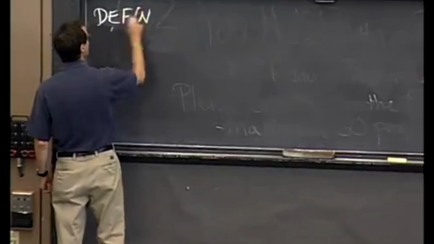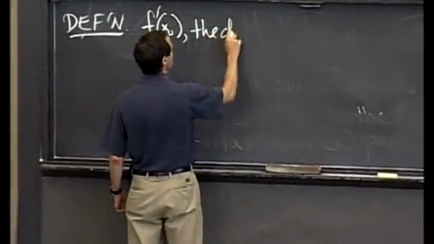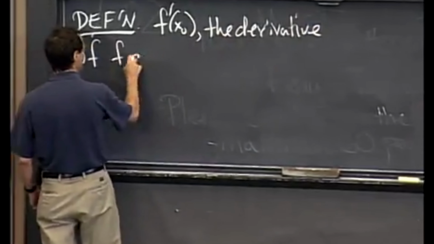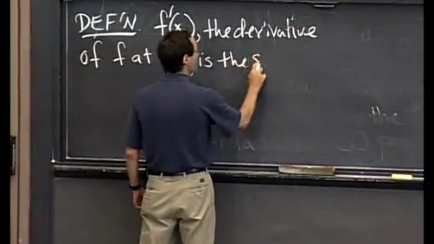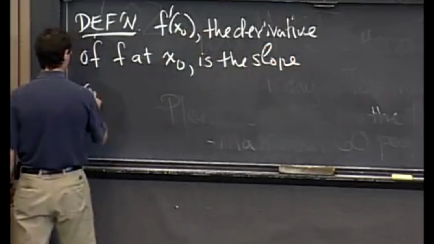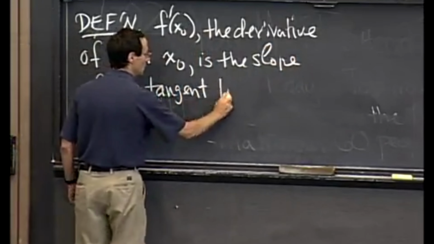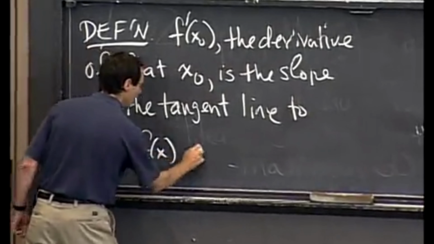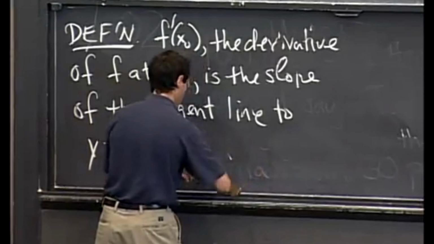So just to make that explicit here, I'm going to make a definition, which is that f prime of x0, which is known as the derivative of f at x0, all right, is the slope of the tangent line to y equals f of x at the point, let's just call it P.